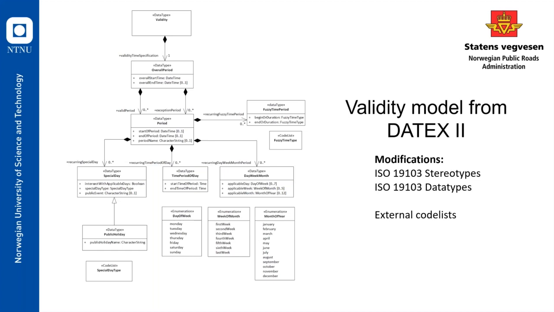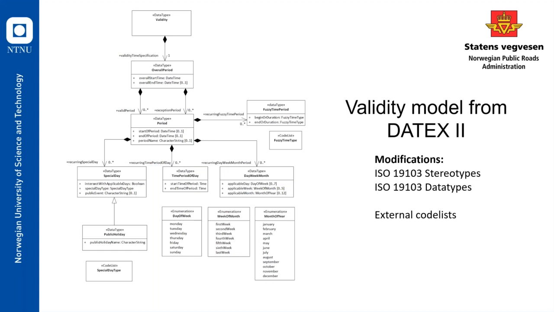But what we also did was to create external code lists, because where DATEX have used code lists defined within the UML model, we wanted to have the code lists as external. So we created external code lists for the values that were relevant to have external code lists for.